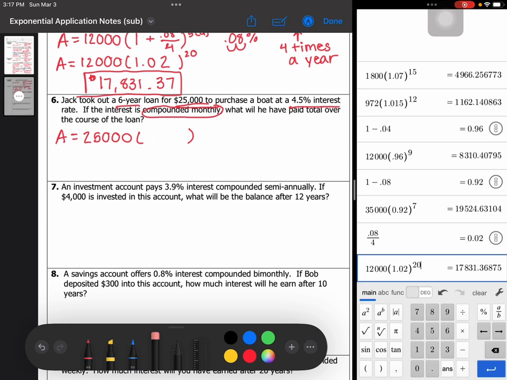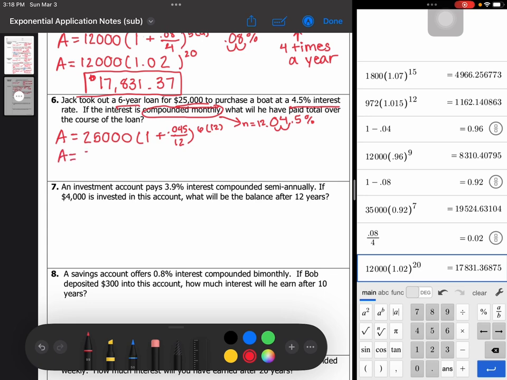I don't know why I keep putting a T there. It's supposed to be a 1. We know that this is a 6-year loan, so the time is going to be 6 years. We know that it was a 4.5% interest rate. So if we do 4.5%, move the decimal over twice, it's 0.045. And compounded monthly tells us that N is going to be 12. So we're going to put 12 in place of N.